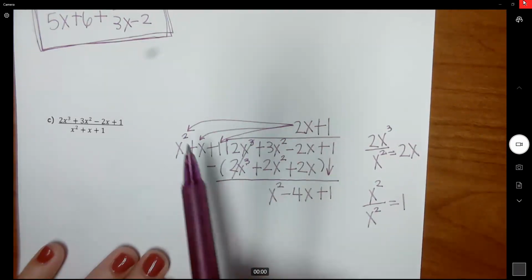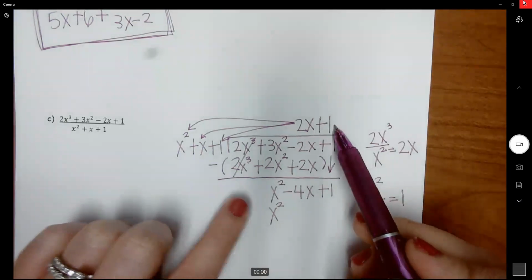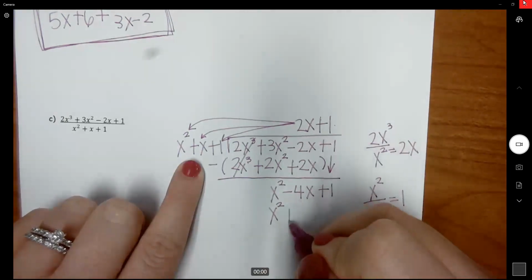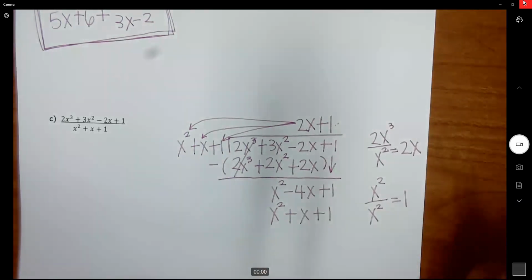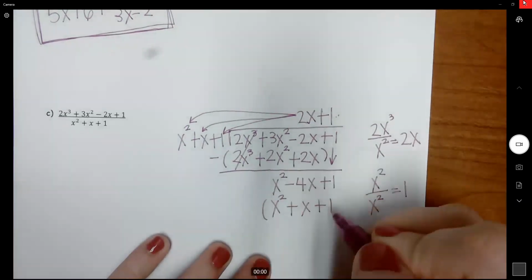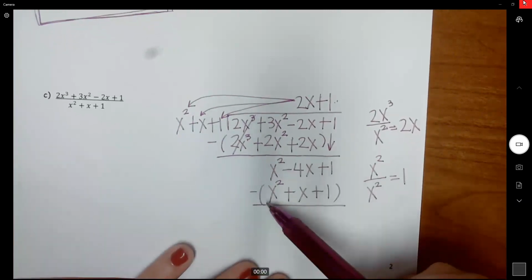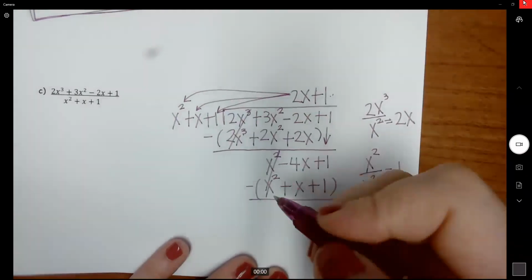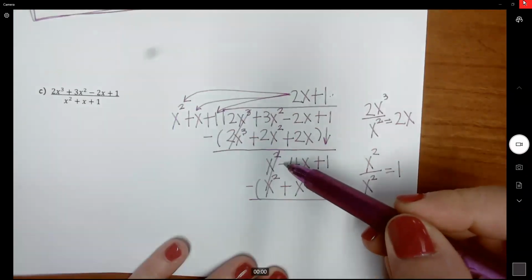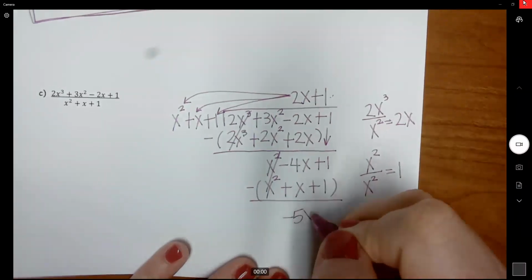So 1 times x squared is x squared, which goes under my squareds. 1 times x is x, which goes under my x column. 1 times 1 is 1, which goes under my 1 column again. Subtract the whole thing. X squared minus x squared, cancel. 4 minus 1 gives me -5x.